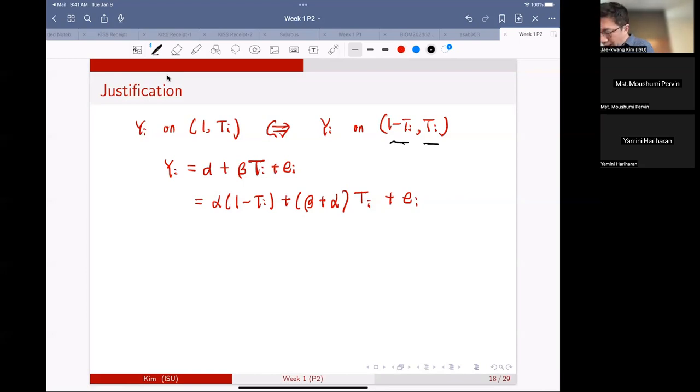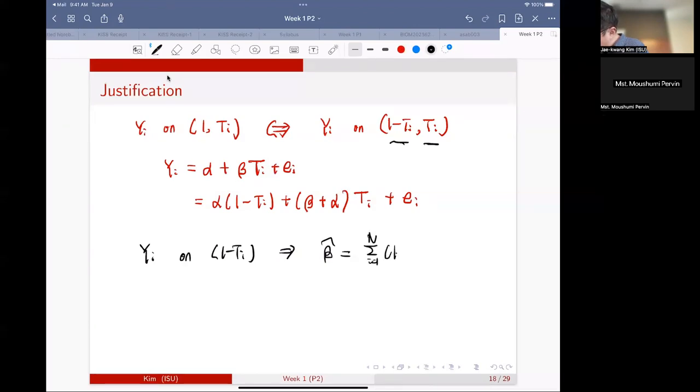So the regression of yi on 1 minus ti, what is the slope? It's basically the inverse of the summation over i equal to 1 to n of (1 minus ti) squared, which is the sum of 1 minus ti.